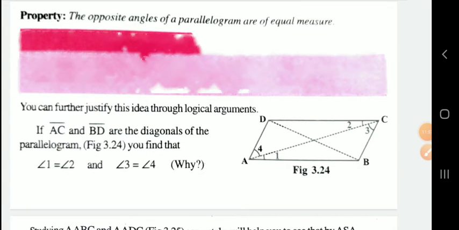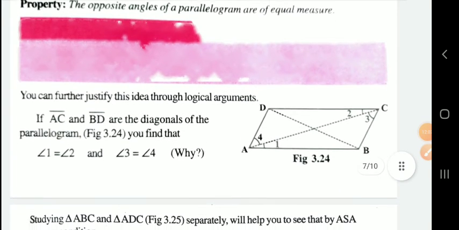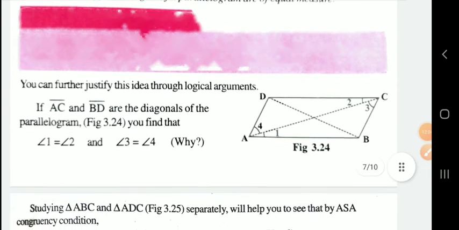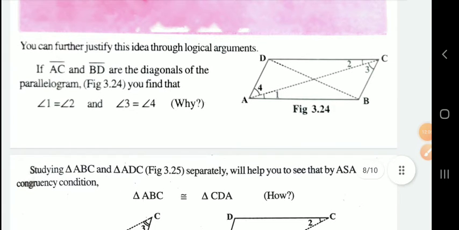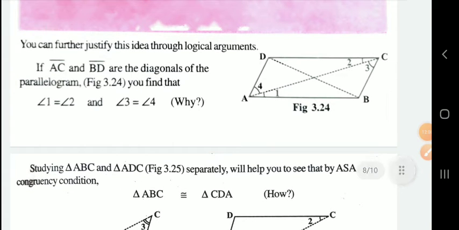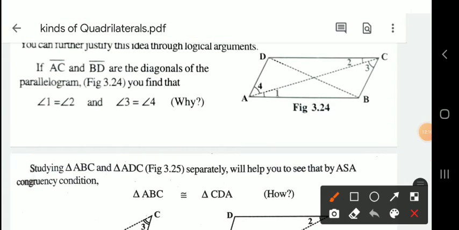So these two triangles are congruent triangles. Which property? ASA, right? Why is it ASA? This angle is A, this common side is S, and this is A. So angle side angle, you get these two triangles are congruent to each other.